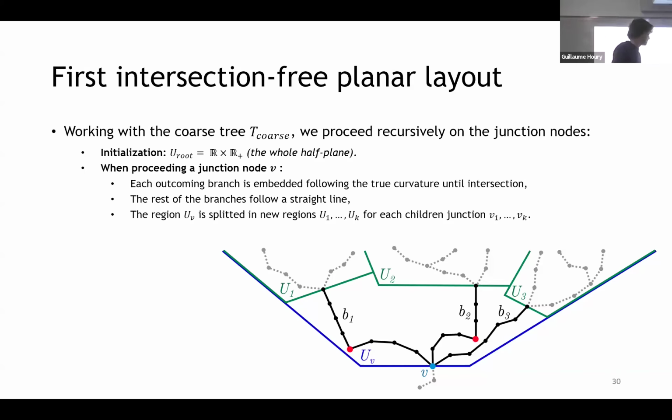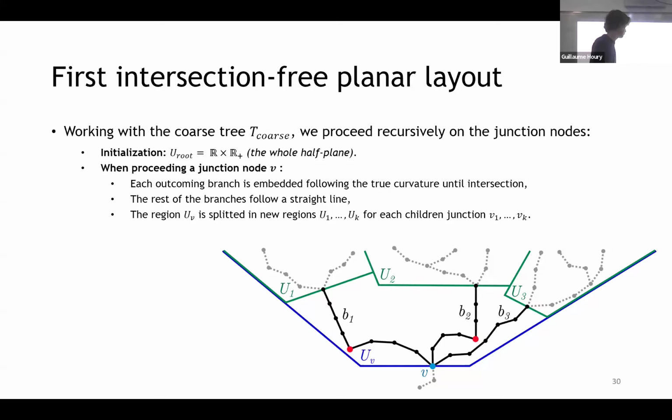Once we have embedded the first generation of branches, we split the remainder of the current bounding box into several new boxes that partition the space, and in which the next subtrees will be constrained as well.